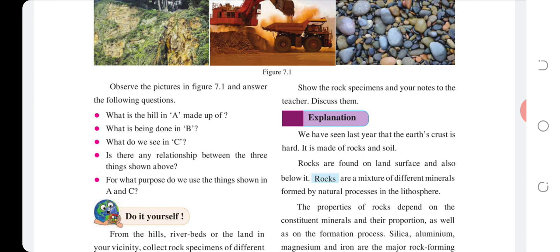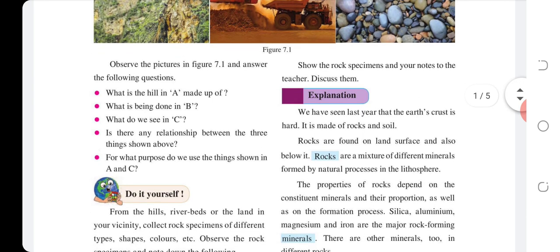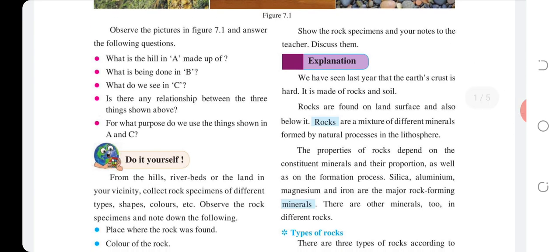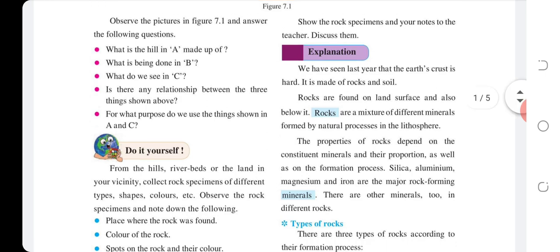Explanation. We have seen last year that the earth's crust is hard. It is made up of rock and soil. Soil is found on the land surface and also below it. Rocks are a mixture of different minerals formed by natural processes in the lithosphere.